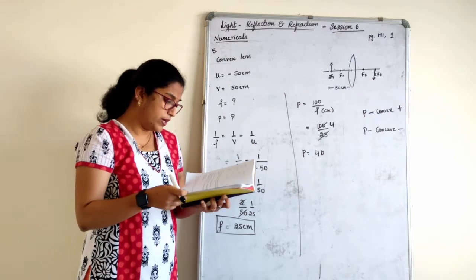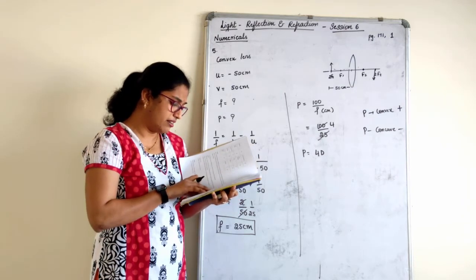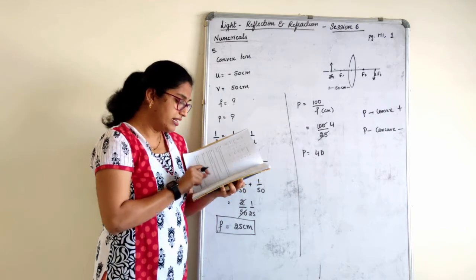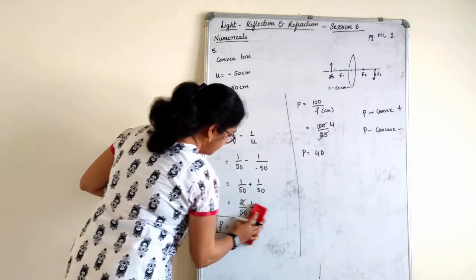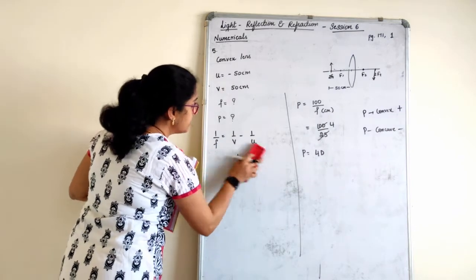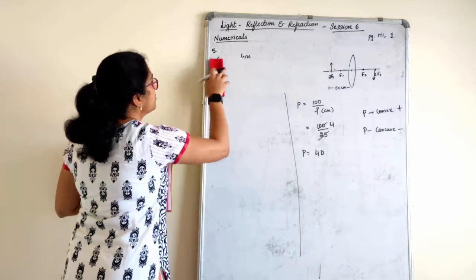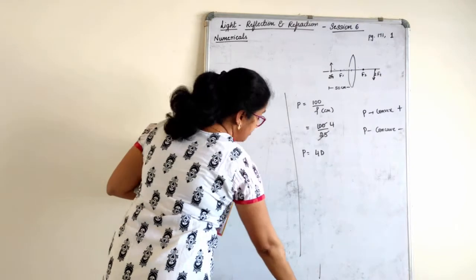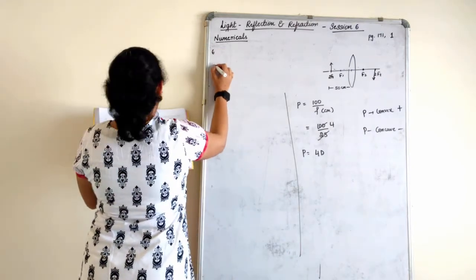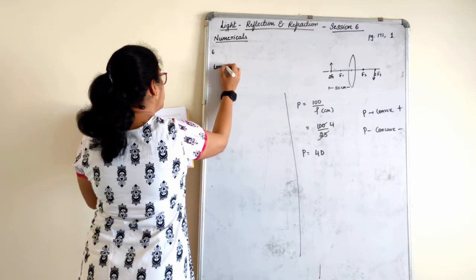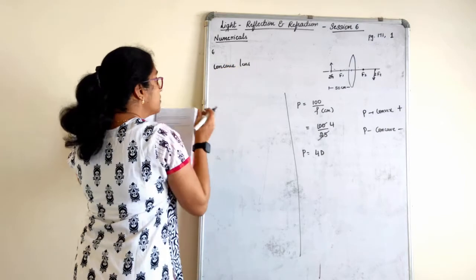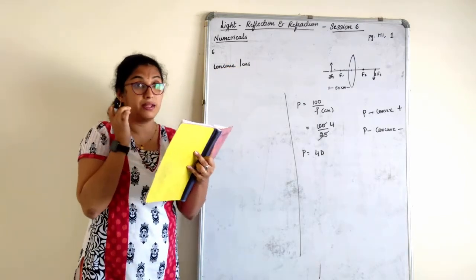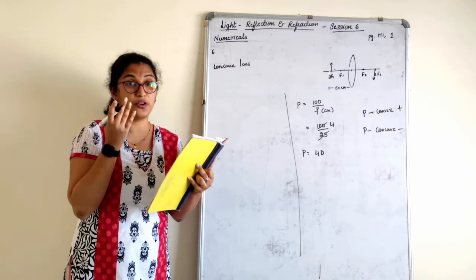There is a very simple question immediately after that: find the power of the concave lens of focal length 2 meter. I just now discussed that, and we have a question. So, the sixth one. It is concave. Mention what type of lens you are using. Now, don't ask me what is the power of a mirror. We don't use mirrors for power.